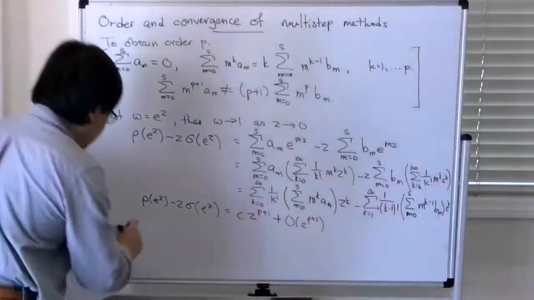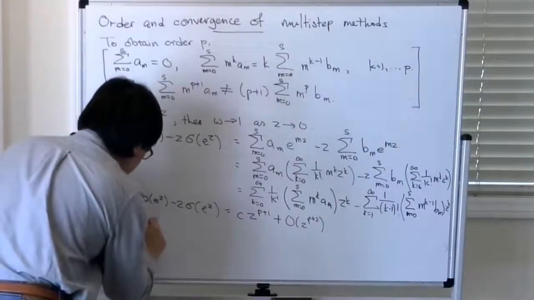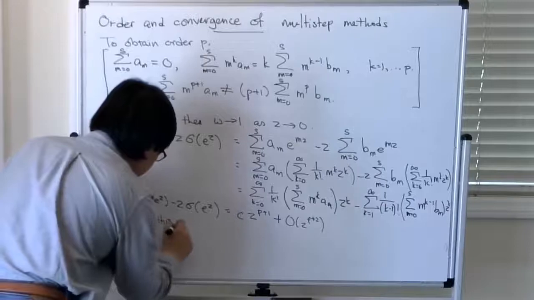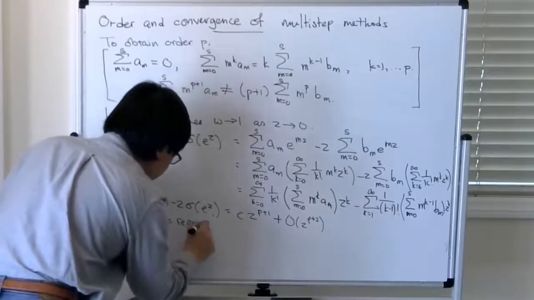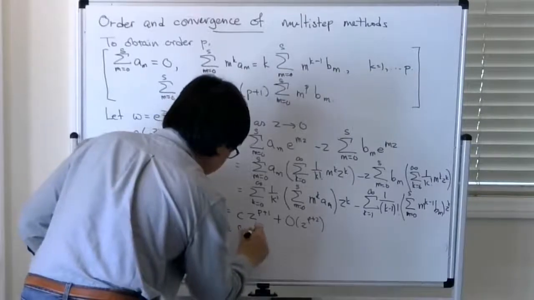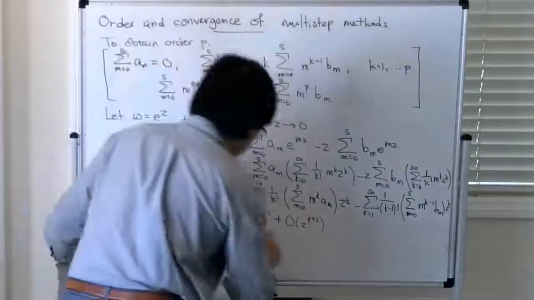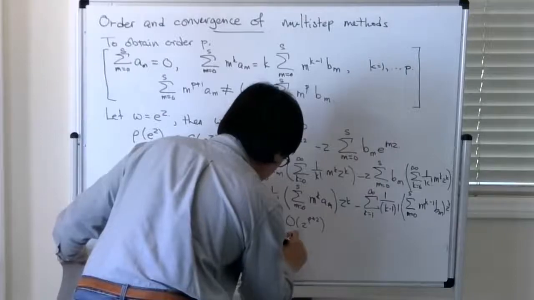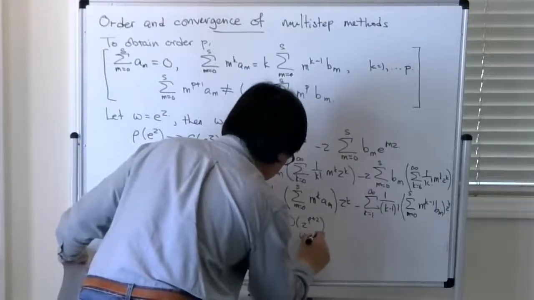And then this recovers the result you want when you let w equal e to the z.